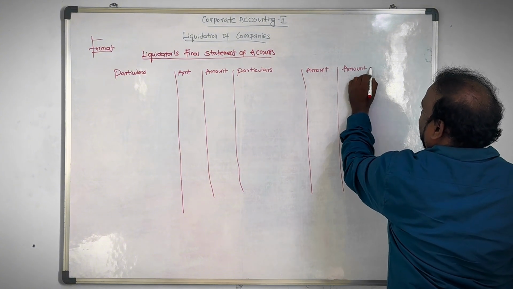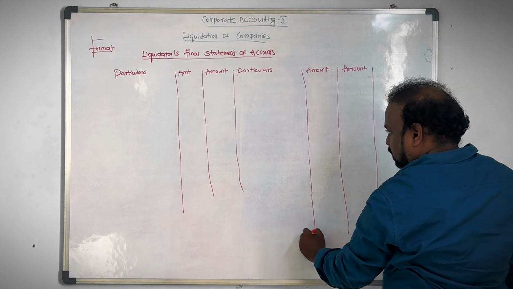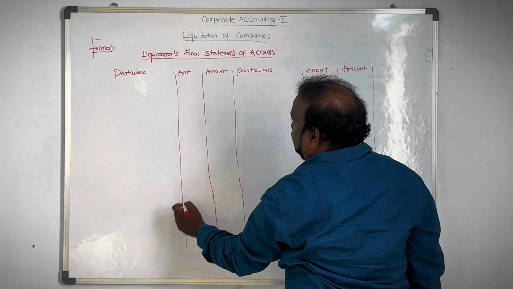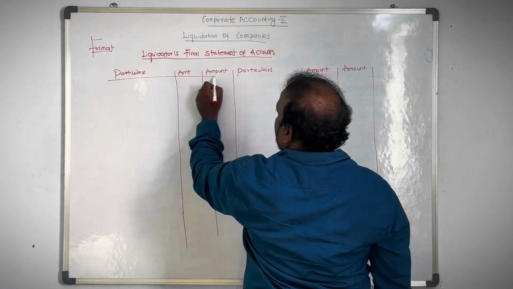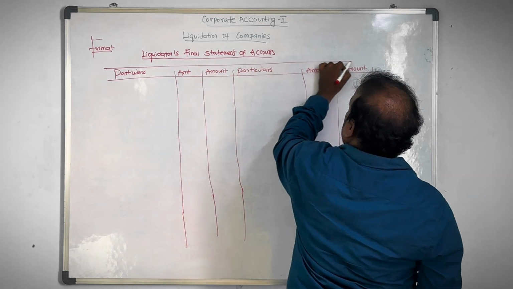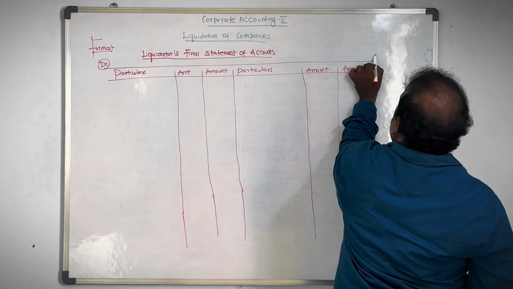So draw 6 columns. The first 3 columns represent debit, the next 3 columns represent credit. Debit, credit.